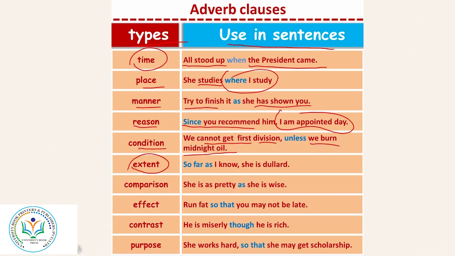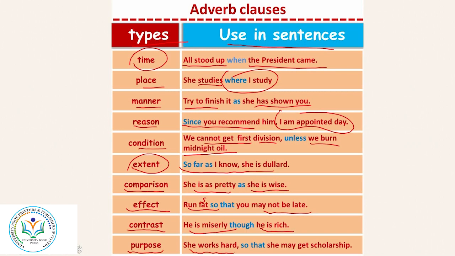Extent: to what degree, to what extent something has been done. So far as I know, she is tolerant. Comparison: she is as pretty as she is wise. Effect: run fast so that you may not be late. And the contrast: though he is miserly, he is rich.